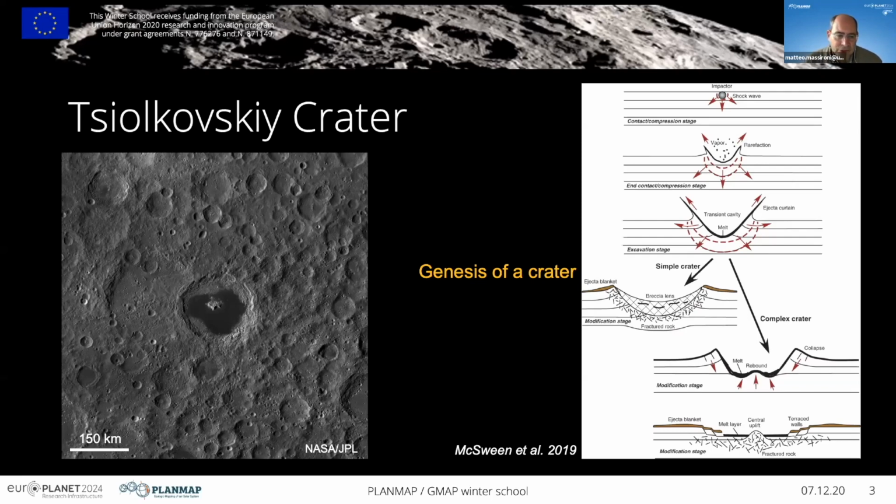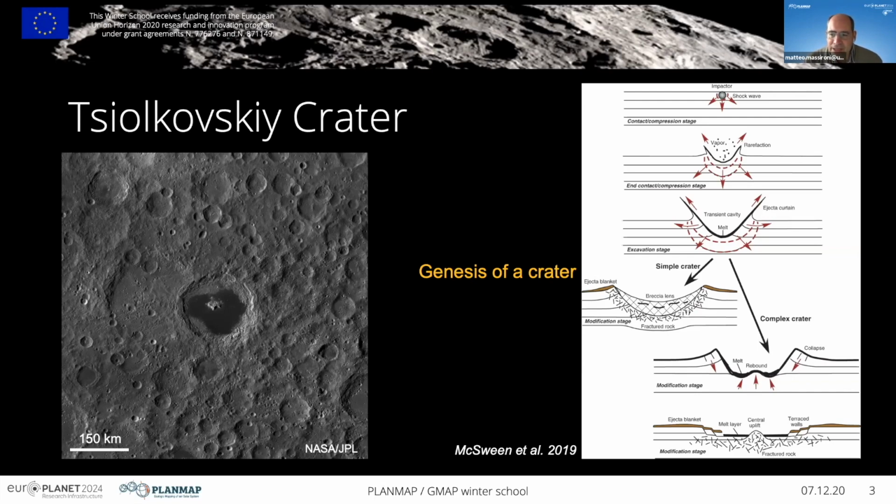When the rarefaction waves rebound inside the impactor, due to the high temperature and even the lower pressure of the rarefaction waves, you can have the sublimation of most of the impactor, as you see at the end of the contact and compression stage, the second figure there.